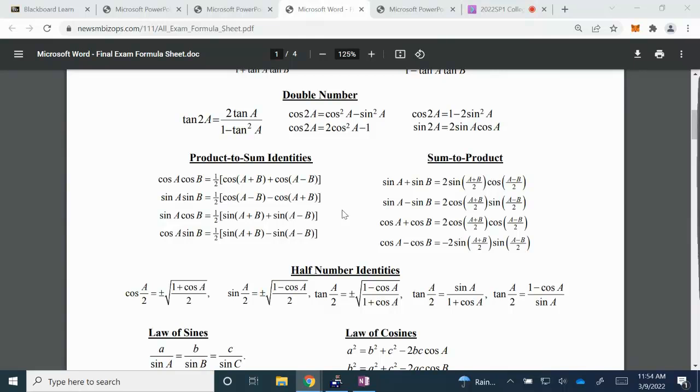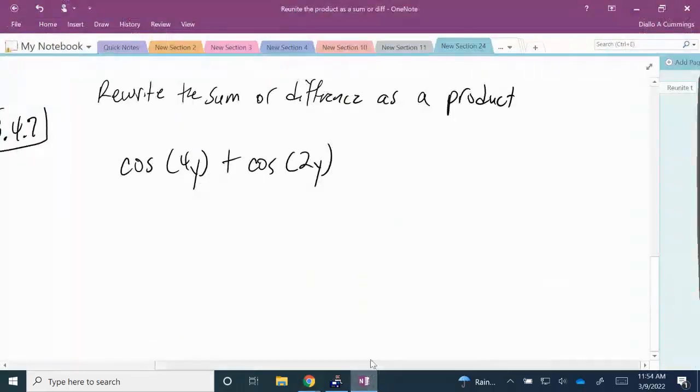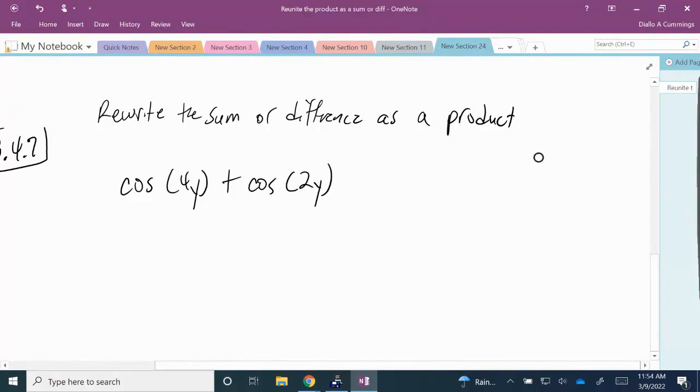Cosine A plus cosine B is equal to 2 cosine A plus B over 2 times cosine A minus B over 2. All right, so I'm actually going to write that above the formula. So we have no need to manipulate in this particular formula.